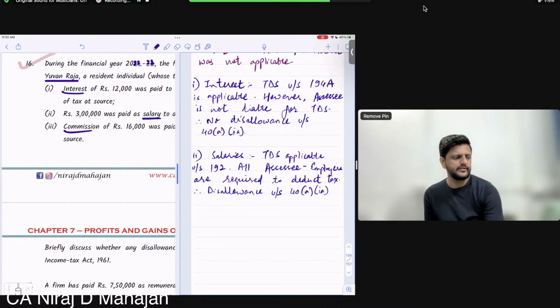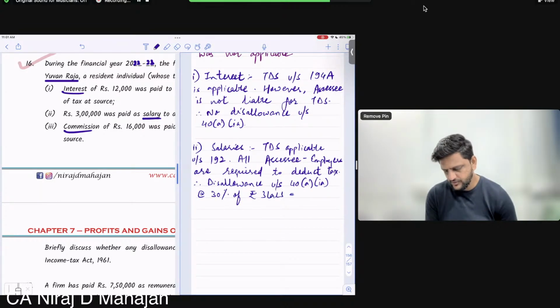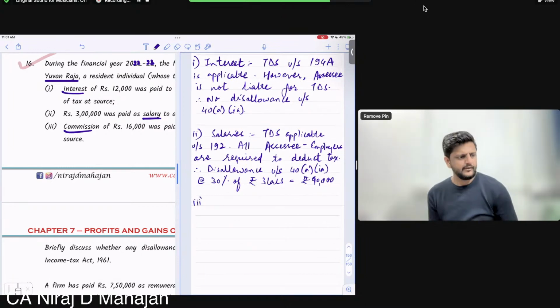That is what your 40A(3) is. Under 40A(1a), at the rate of 30% of rupees 3 lakhs, that is rupees 90,000 will be disallowed. Done, all of you?